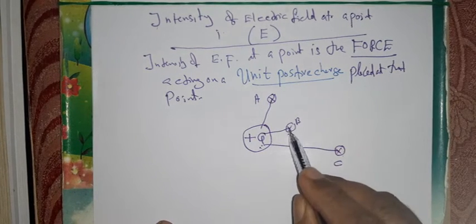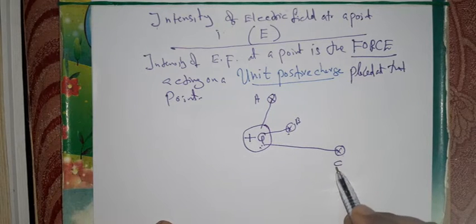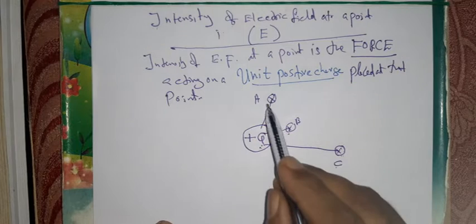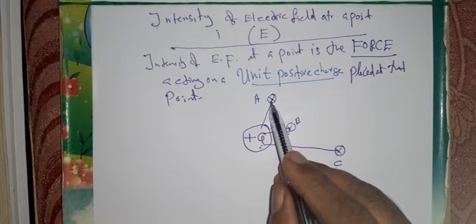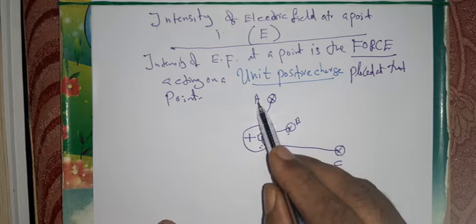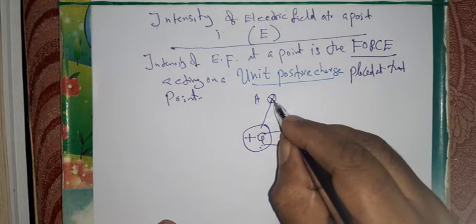What is the intensity at B? And what is the intensity at C? I told you, intensity of the electric field is the property of each point in the electric field.